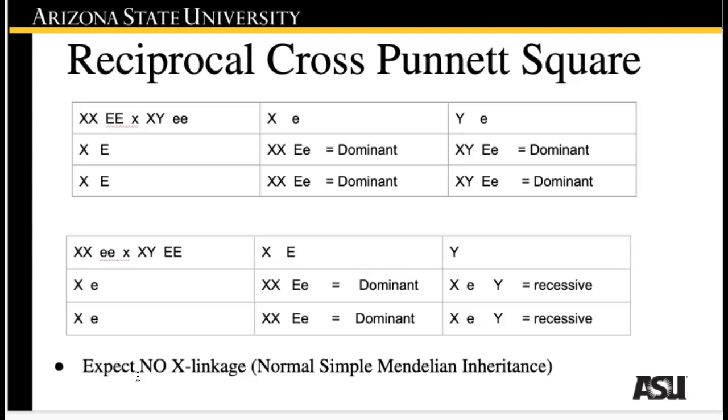And so the end result will be heterozygote females being dominant and recessive males. So it's important when you're doing a reciprocal cross to pay attention to the sex chromosomes involved with your model organism, in our case, fruit flies, Drosophila melanogaster.